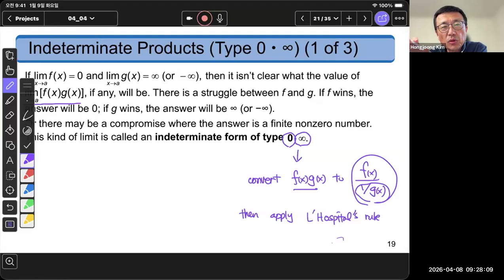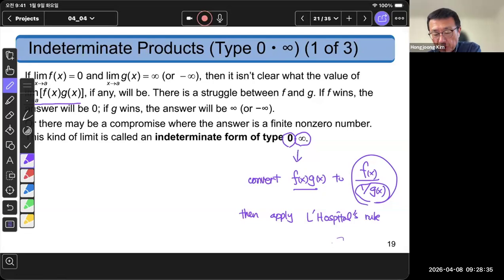So I have 0 over 0 type, which means I can apply the L'Hopital's rule. If f is a function that diverges to plus infinity or minus infinity, then this g of x is a function that converges to 0. Then 1 over g of x will diverge to plus or minus infinity. So I can still apply the L'Hopital's rule.